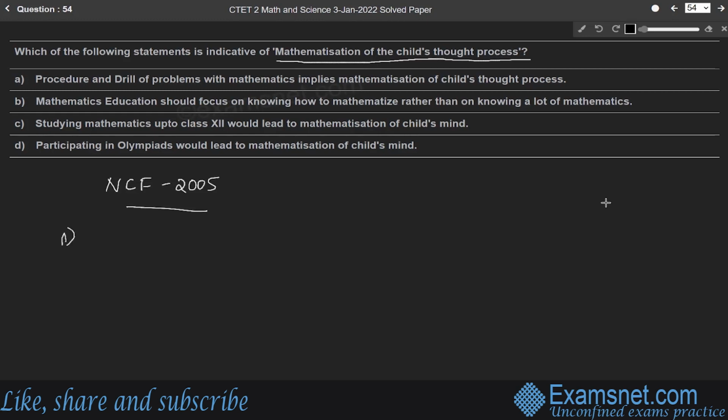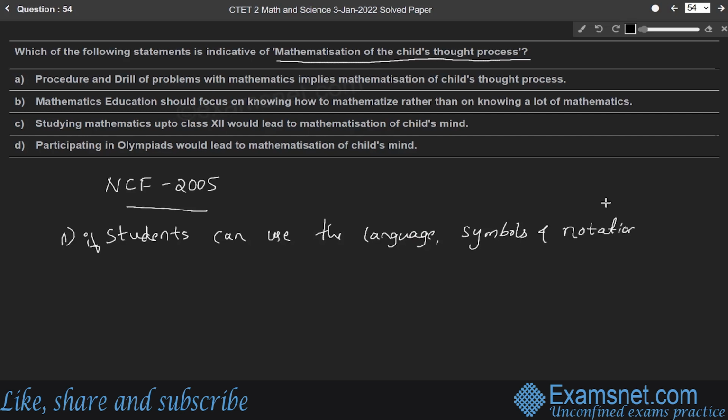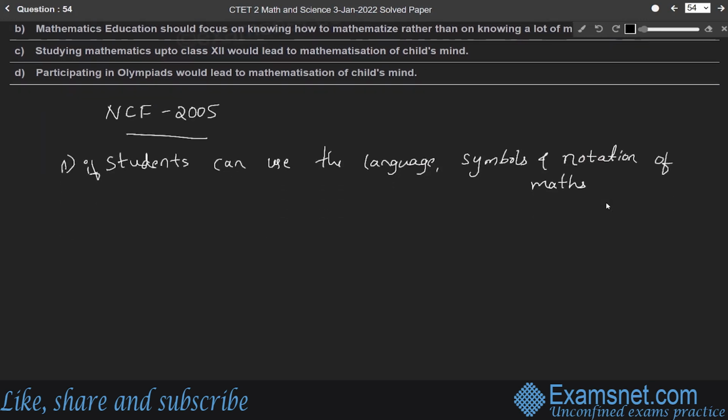So if the students can use the language, symbols, and notation of mathematics, mathematization of the child's thought process could be possible.